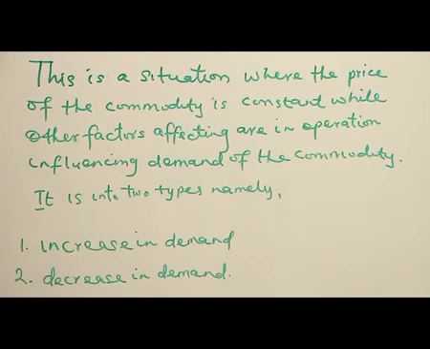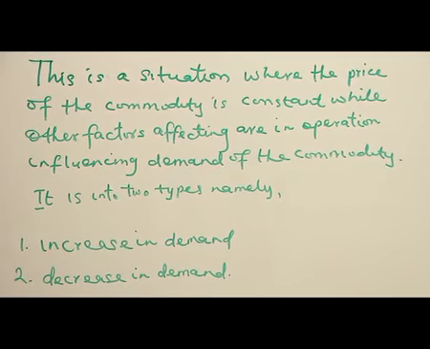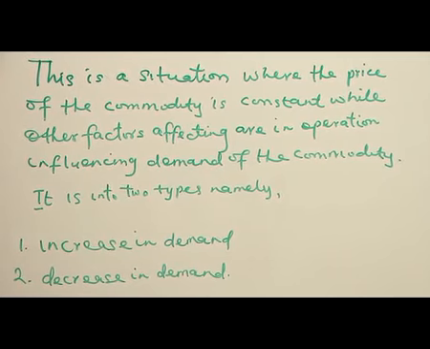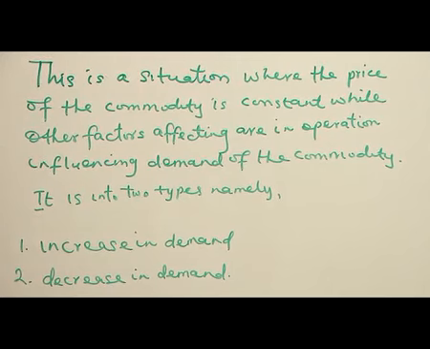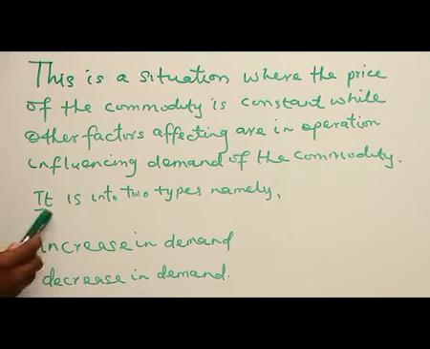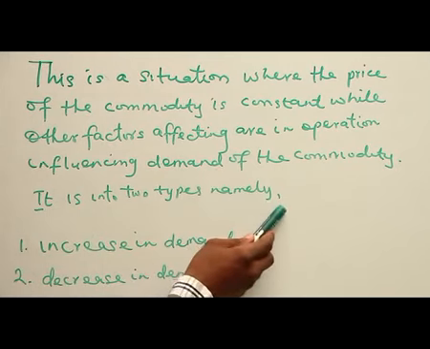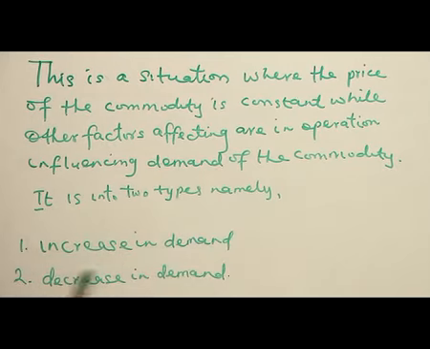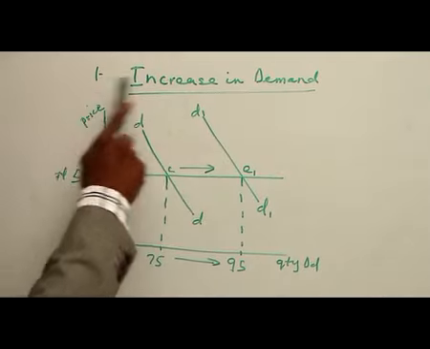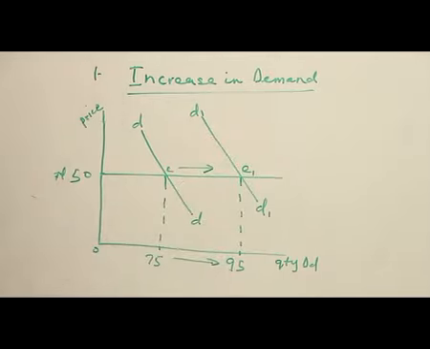So that's why we call it what? Change in demand. That is, the price of the commodity is constant, while other factors affecting demand are in operation. It is of two types, namely increase in demand and decrease in demand. Number 1, increase in demand.